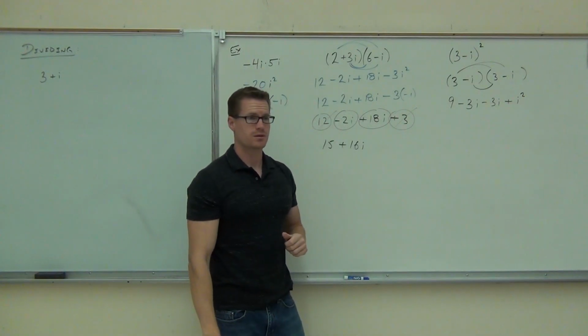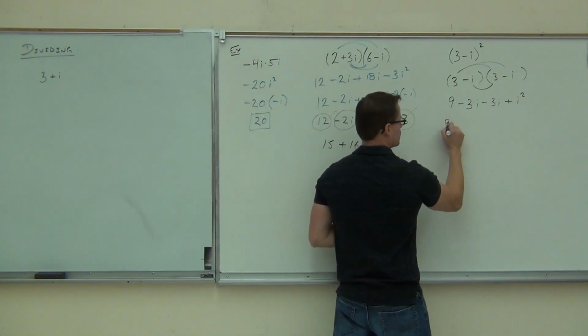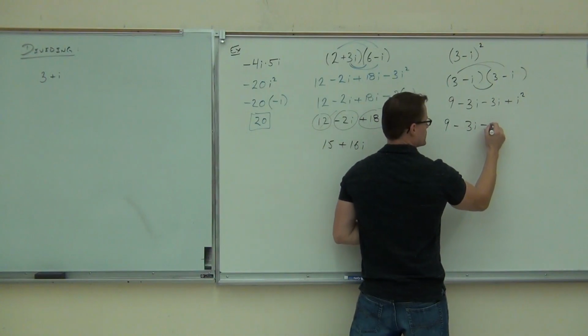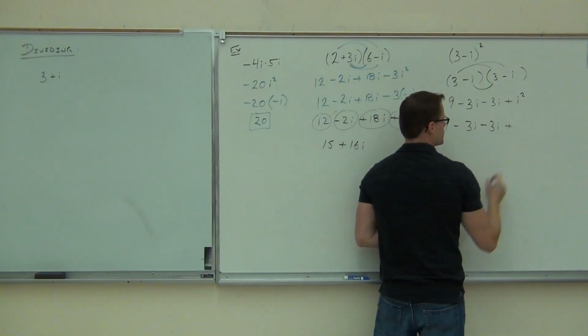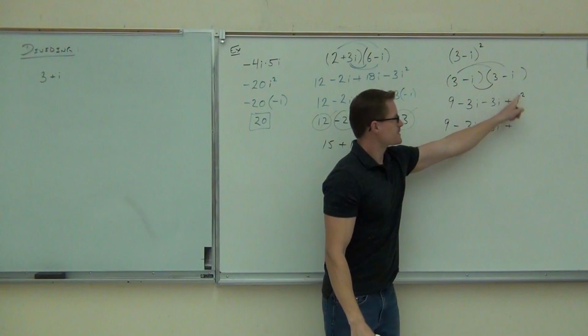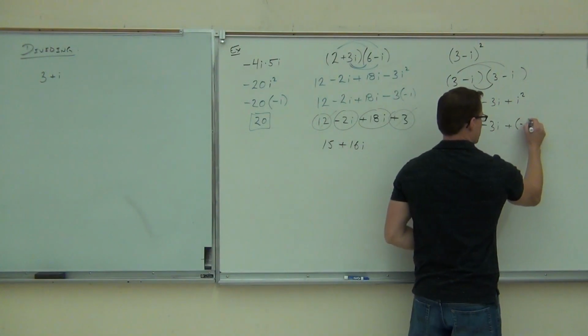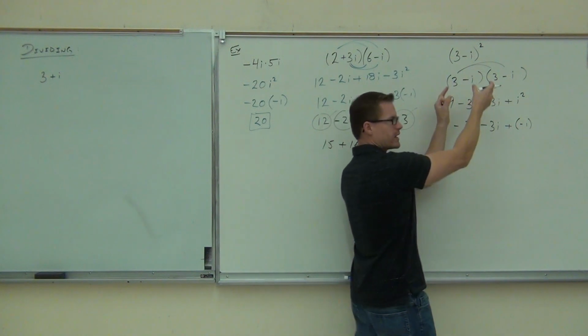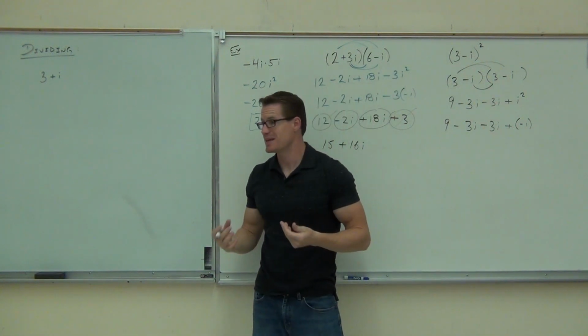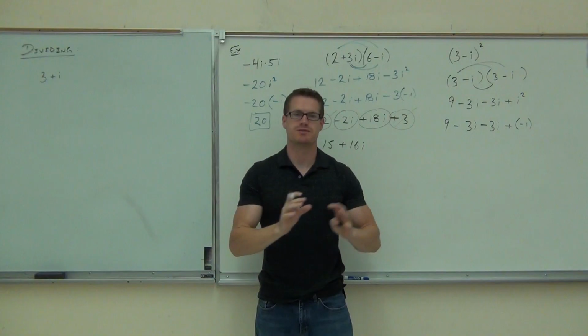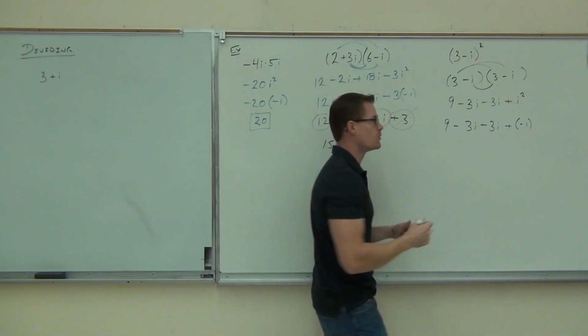So far, so good? Well, we definitely have to change any i squareds that we see. How much is that? -1. So I know I'm writing lots of steps, but that's one of the keys here. The math isn't hard, you just have lots of negatives. Because of those i squareds, that means -1.